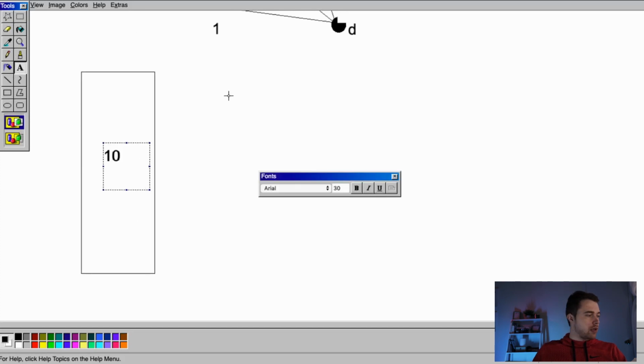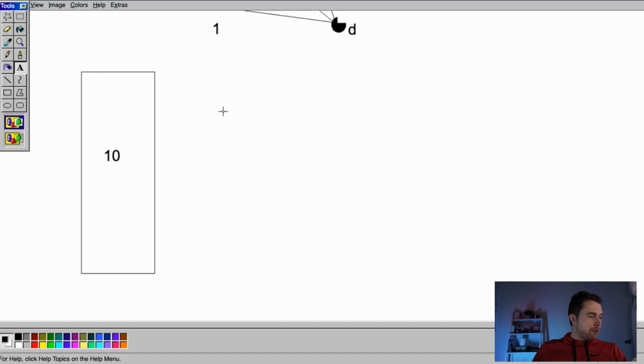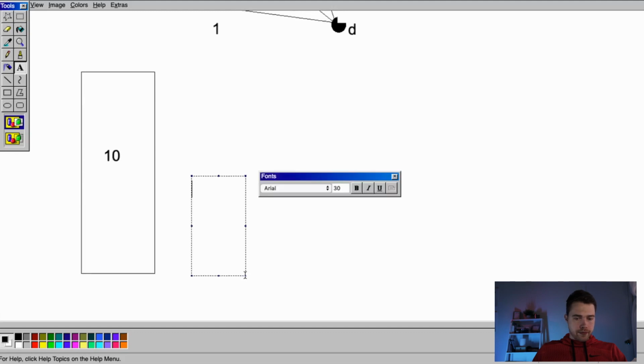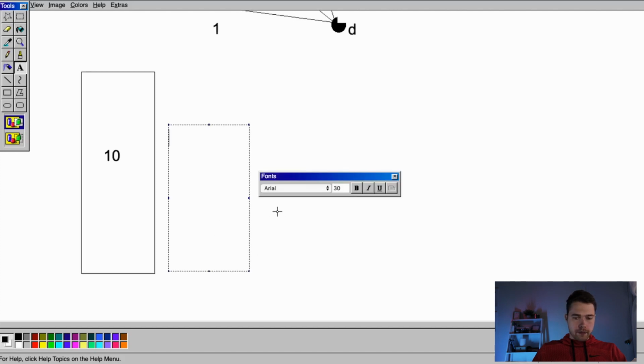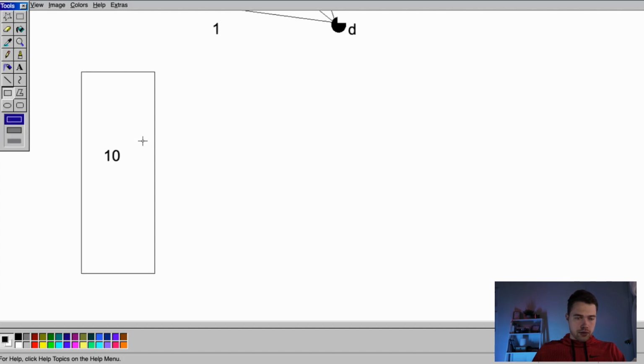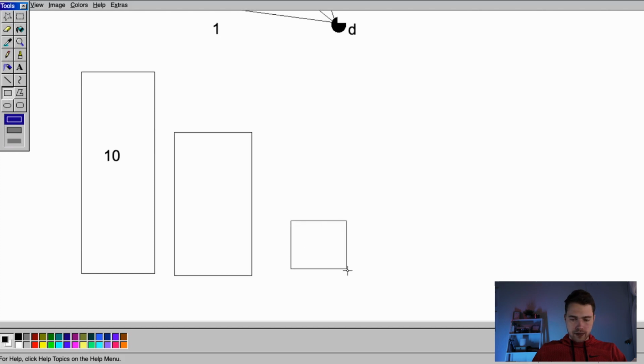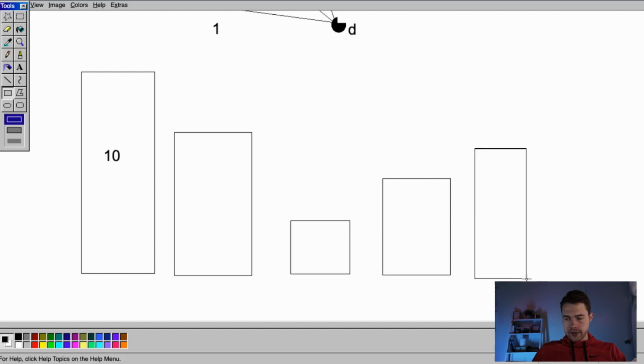Now items: I have only 4 items. That's the first item, that's the second item, that's the third item, and here's the fourth item.